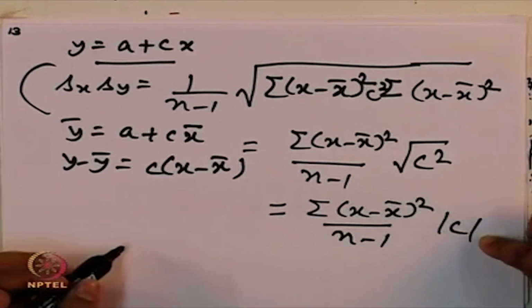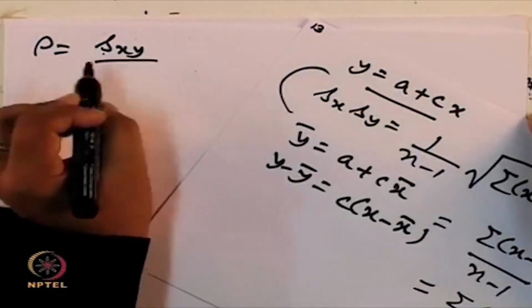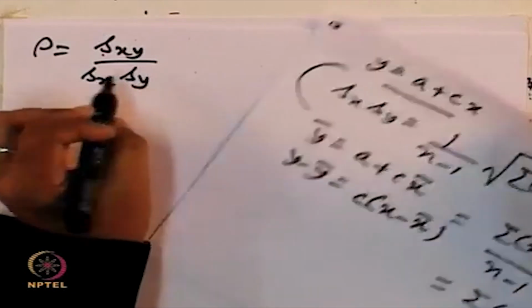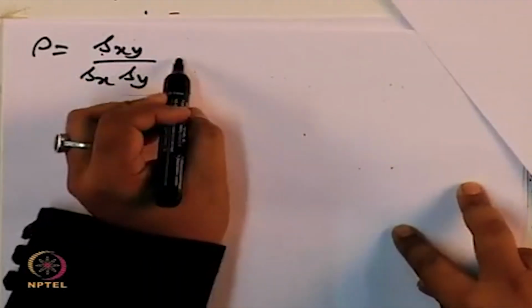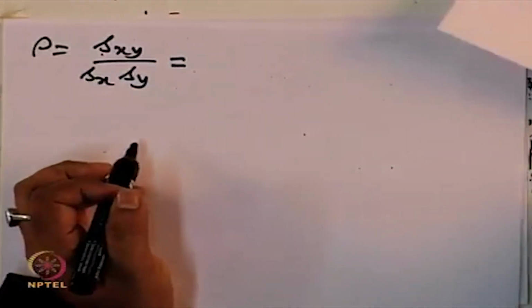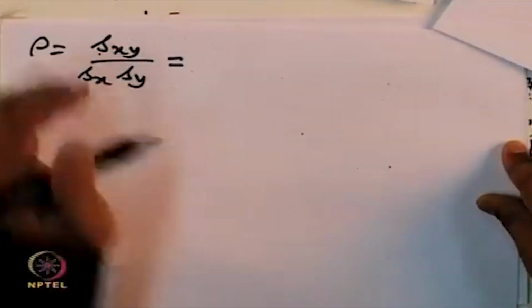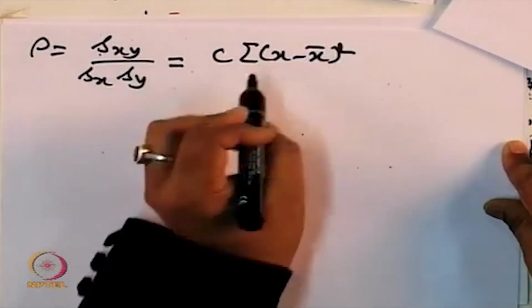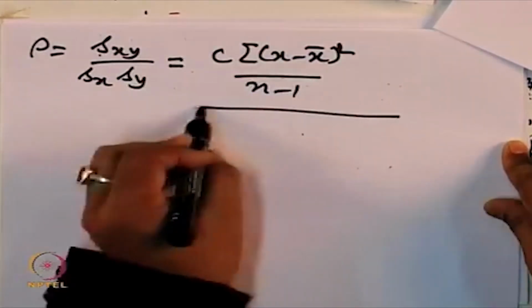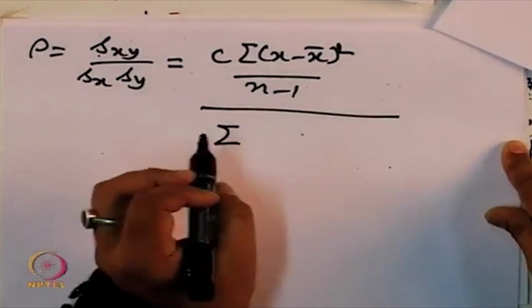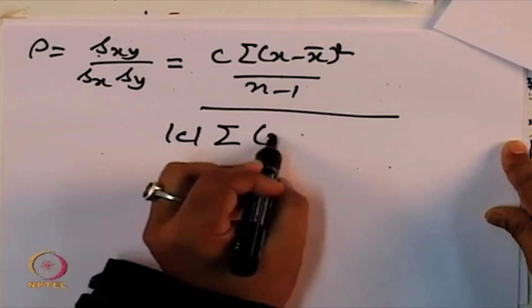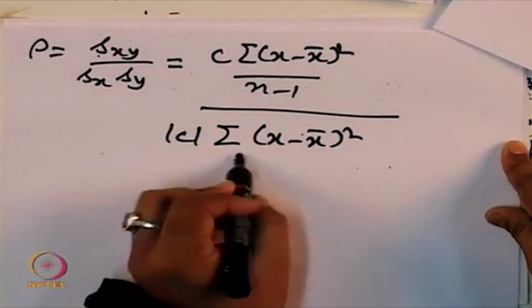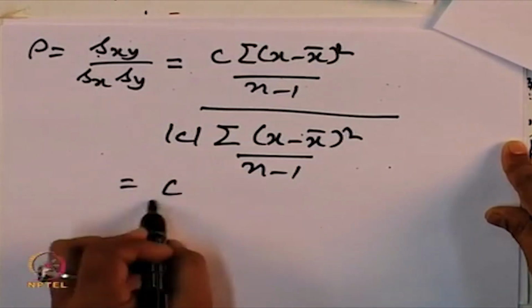So, if I do this, then my rho is defined as Sxy by Sx into Sy, which is going to be c into the summation of (x minus x bar) whole square by (n minus 1), divided by mod c into the summation of (x minus x bar) whole square by (n minus 1), which is equal to c by mod c.